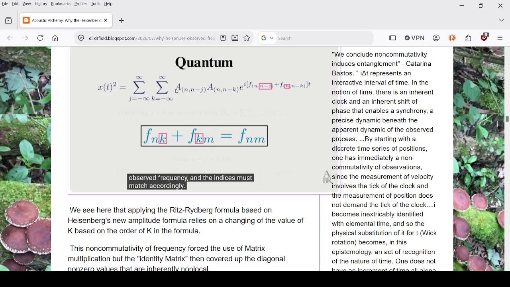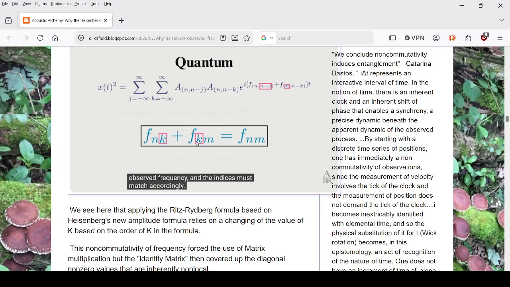So basically, he took what was Fourier analysis and turned it into an amplitude equation using the frequency and the exponential based on the observation of the photons, and the spectrum of the photon is then analyzed with this Ritz-Rydberg formula.